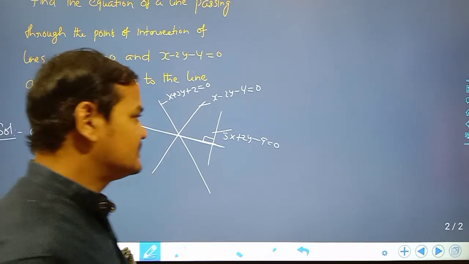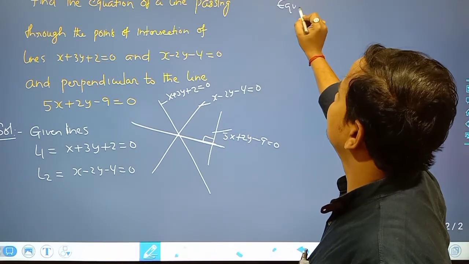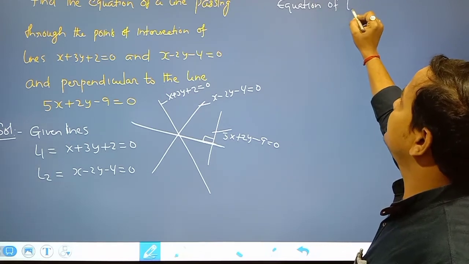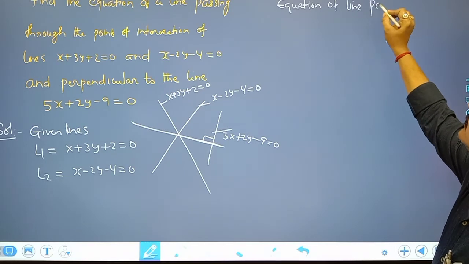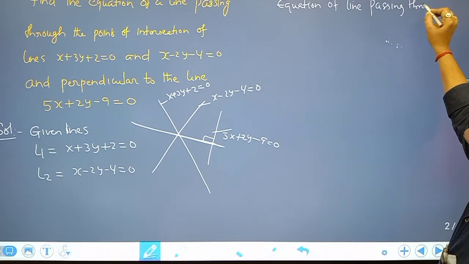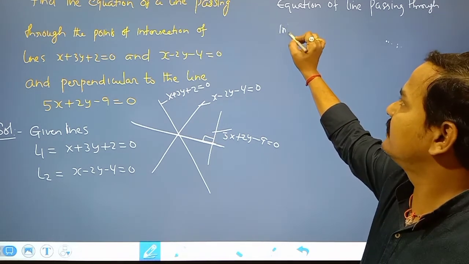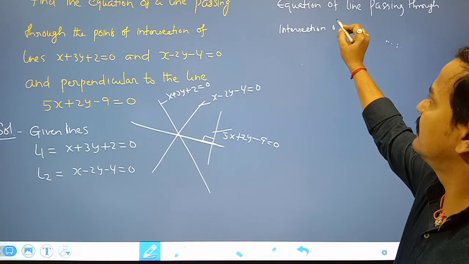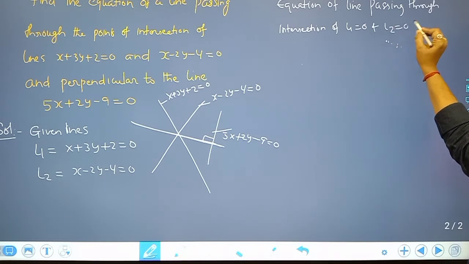Just now you discussed in the class, what is the equation of a line passing through the intersection of L1 is equal to 0 and L2 is equal to 0?